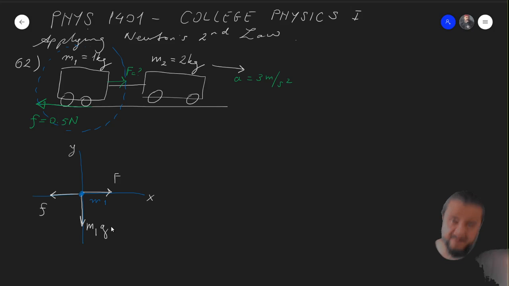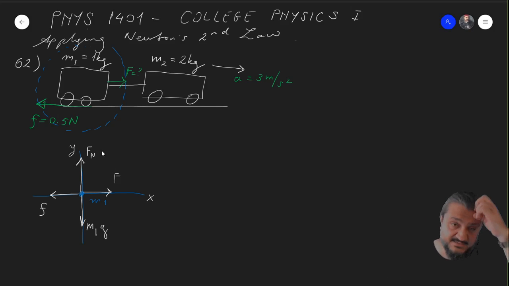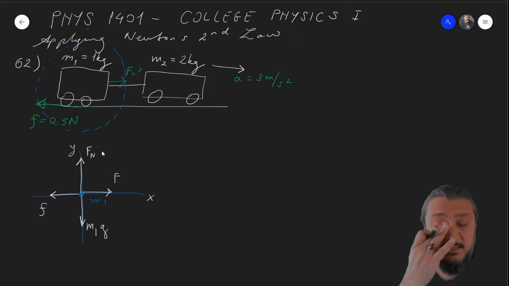In addition to the friction, which is horizontal, there is a force, the normal force, if you will, which is along the y-axis, up. This is the normal force, Fn. N stands for normal. Remember, normal means 90 degrees. It's 90 degrees to the x-axis, or the surface in this case. So that's pretty much it.